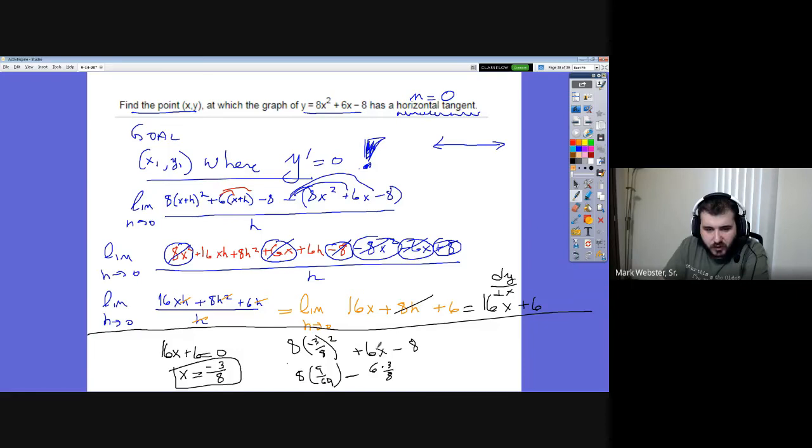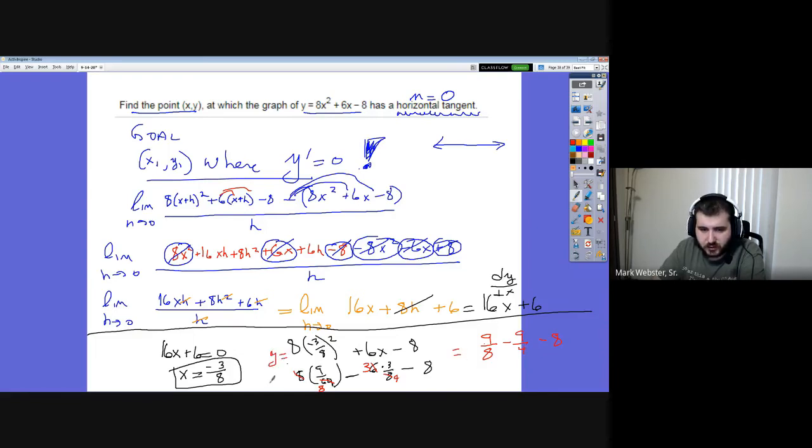It was a negative 3 over 8, but I'm just going to put the negative sign out here for simpleness. And then cross out all your common factors from top to bottom so you don't have to think as hard. There's an 8 up top, there's an 8 down below. There's a 2 up top. There's a 2 down below. So look at what we have. We've got 9 over 8 minus 9 over 4 minus 8.